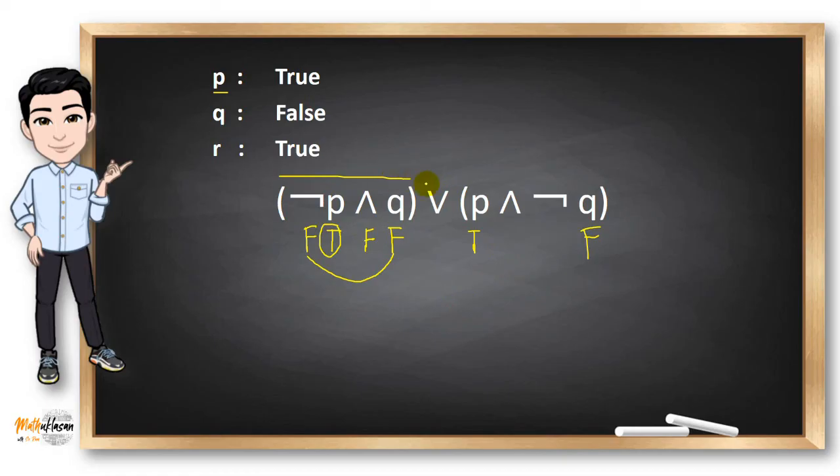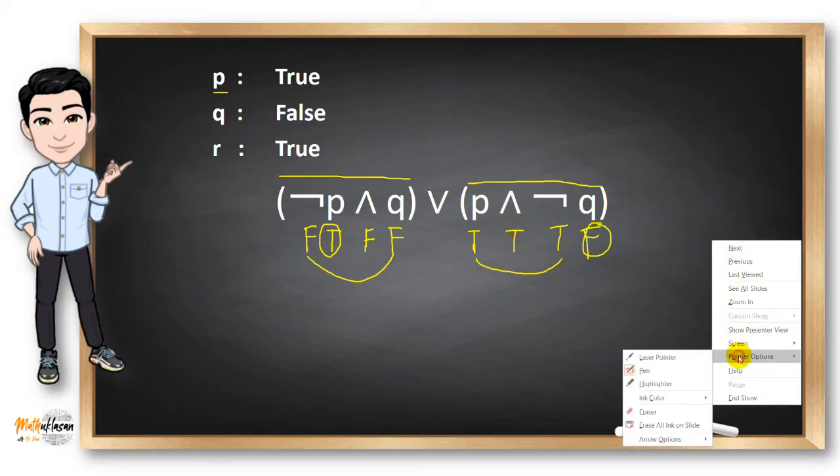After the left side, I'm going to solve for the right side. So here, we need to negate F first. The negation of F is true. After negation, it's conjunction. So true and true, the answer is definitely true.